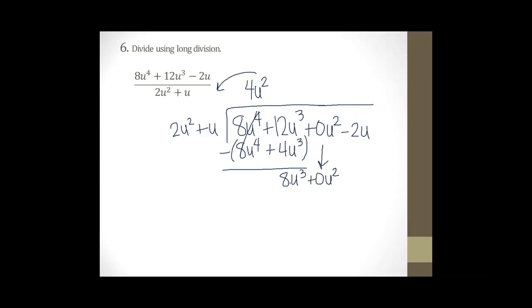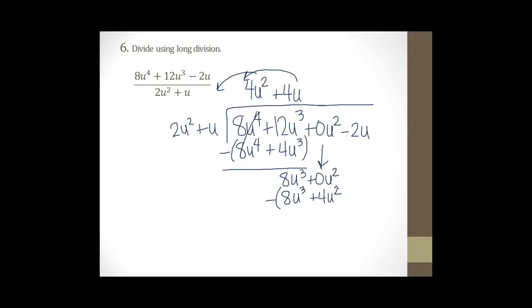And now we're going to divide again. 8u to the 3rd divided by 2u squared would be positive 4u, because 4u times 2u squared is 8u to the 3rd, and then 4u times u is going to be 4u squared. And this is why it was so important to have that 0u squared so you can follow the pattern easily.